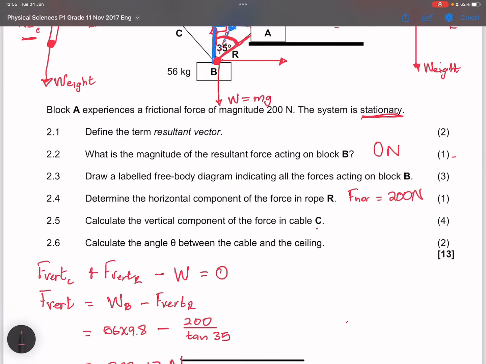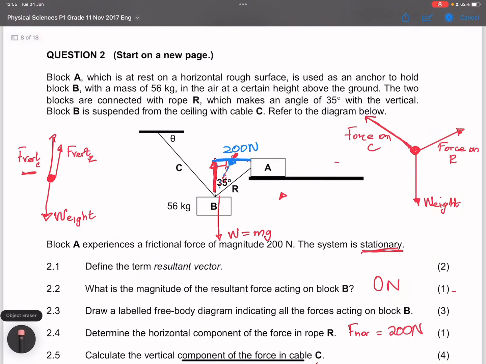They say calculate the angle theta between the cable and the ceiling. Now, what I'm going to do, ladies and gents, let me go to rope C. Okay, and there is a sketch of rope C as well as the components on rope C. We already found that this is equal to the horizontal component on the rope, which means that's 200 over there.